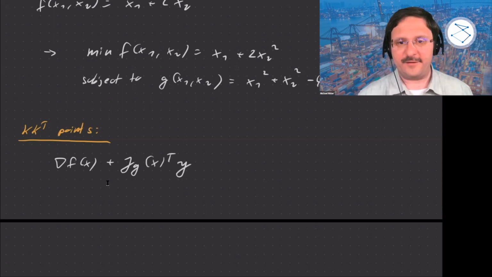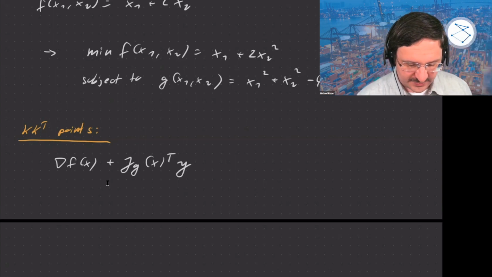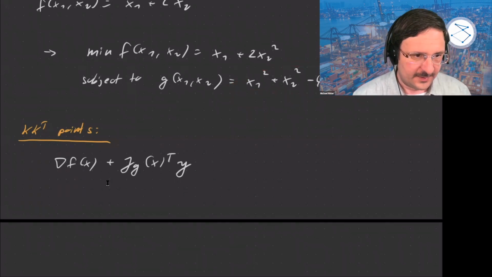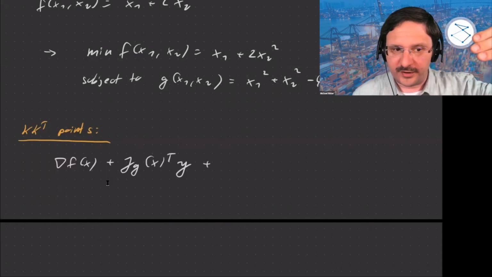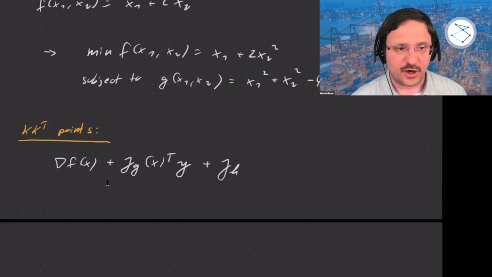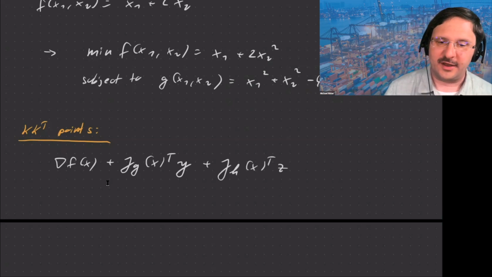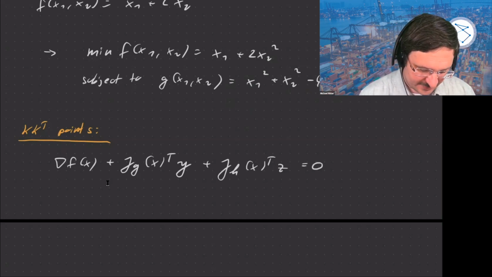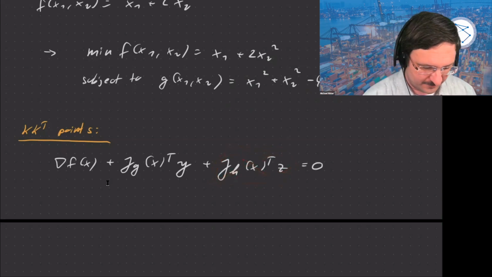We call those y for the inequality constraints. And again, there's one multiplier per inequality constraint. So in this case, there's only one inequality constraint, so we get one multiplier. And if you had mixed conditions, so if there are also equality conditions, you would just add that term to the mix: plus the Jacobian of h at x transposed, and another set of multipliers, again one per equality condition. And that will be 0. In this case, we don't have that function h, so this term just vanishes.